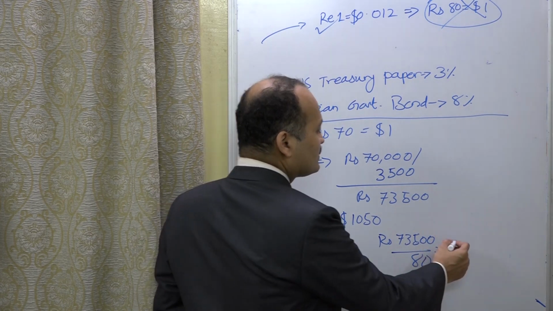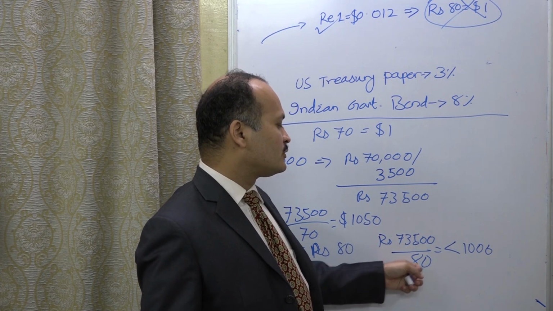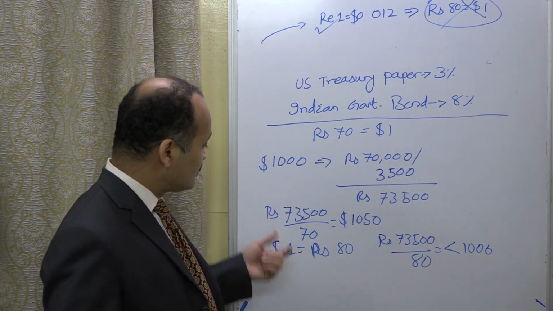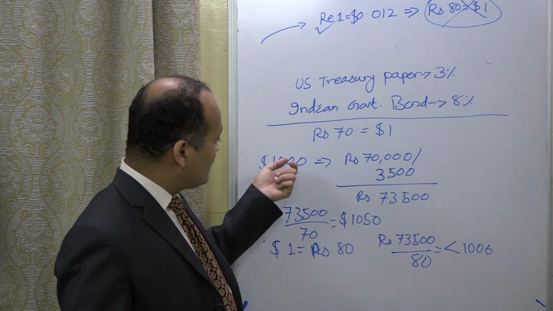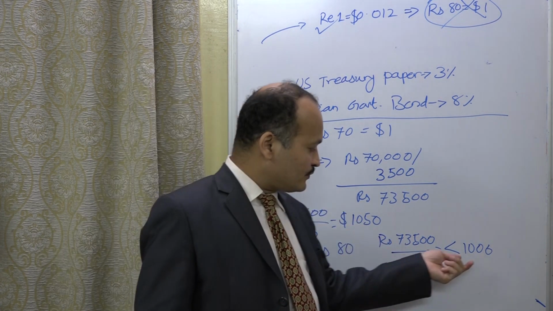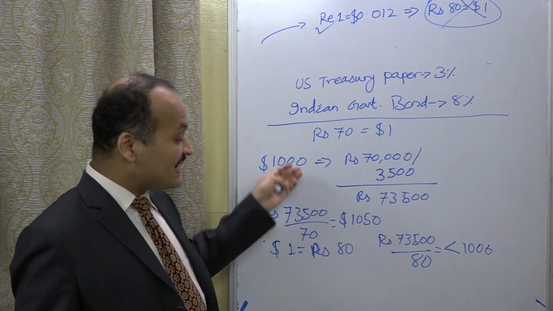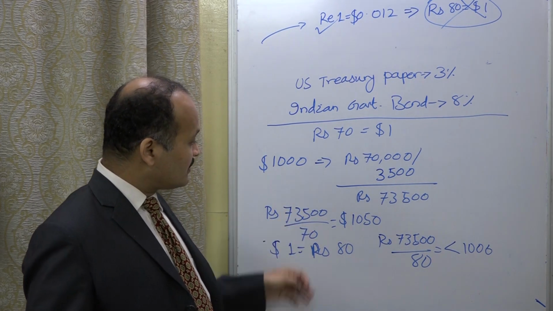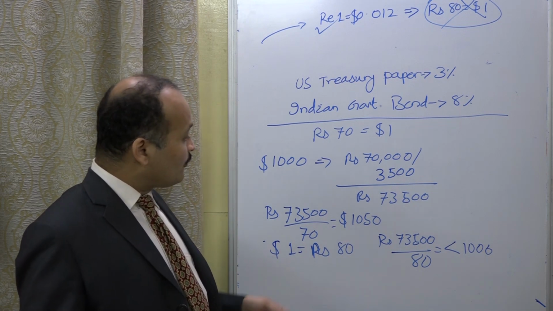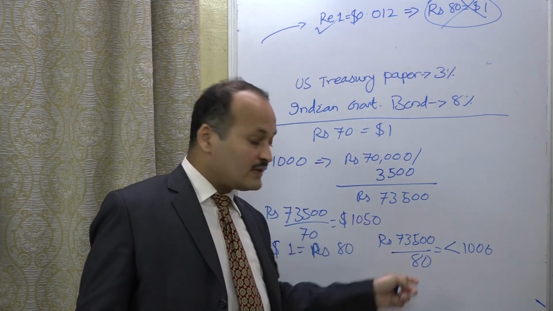I will get something less than $1,000, because I needed 80,000 in the numerator to make it 1,000. Now the important point is, you have put $1,000 into the Indian economy in dollar terms, and while taking back after 1 year, you are taking back something less than $1,000. This is not a very happy situation for FIIs, because they are actually losing out. Why has this loss come about? Because the exchange rate has depreciated from 70 to 80.